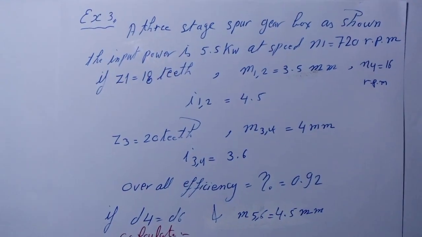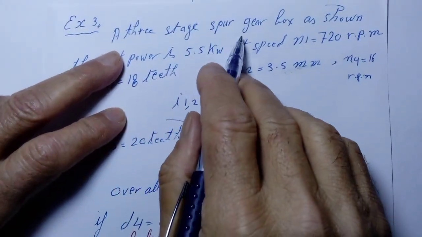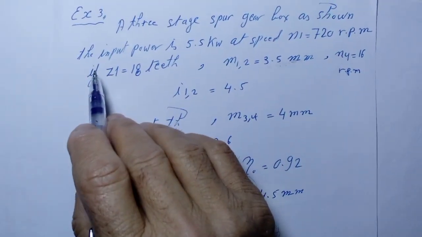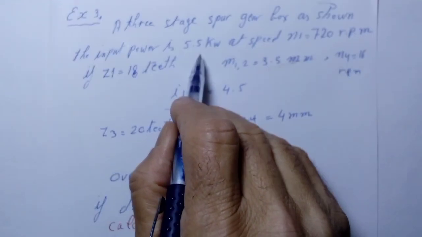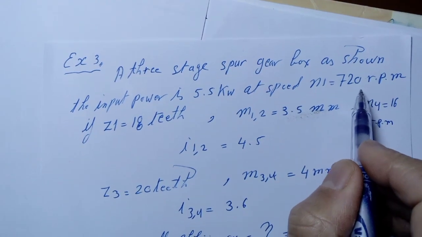Here we have example number 3. In this spur gearbox, as shown, the input power is 5.5 kilowatts at a speed N1 equals 720 RPM.